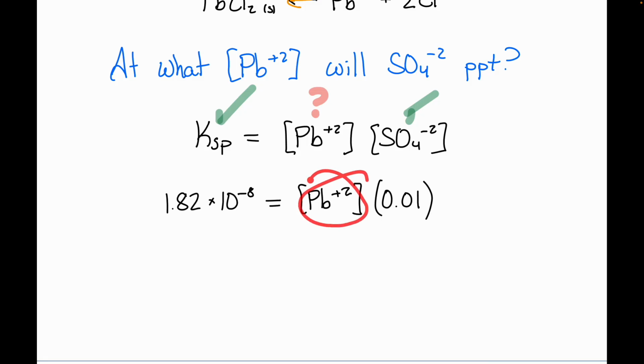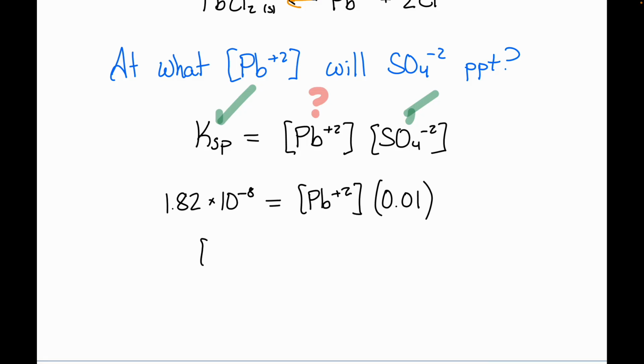Can we solve for this missing variable here? Rearrange by just dividing both sides by that 0.01, getting that variable all by itself. Times by 100.